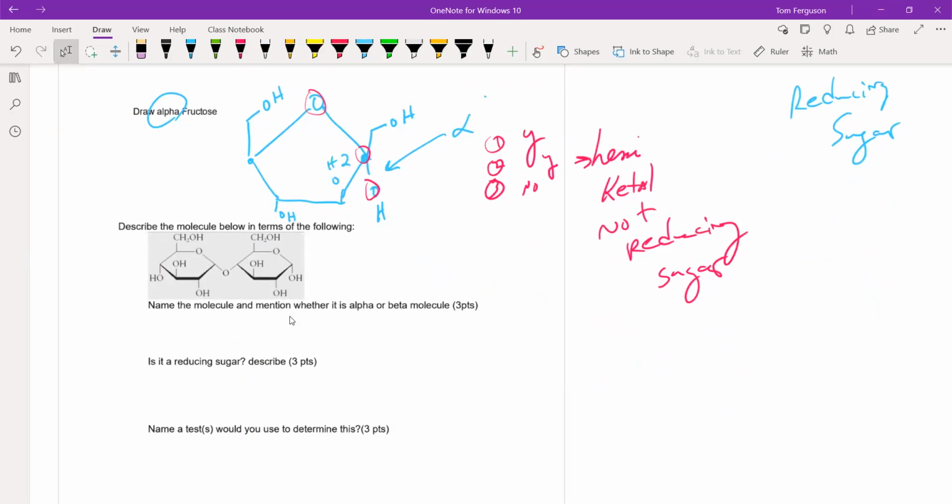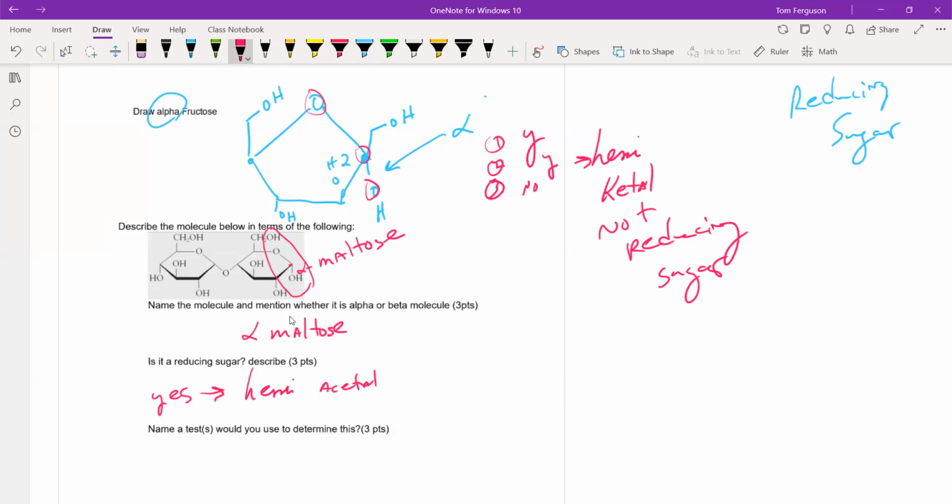Okay, all right, so I give you, this happens to be maltose. And because this hemiacetal is going down, it's alpha maltose. Is it a reducing sugar? Yes, because there's a hemiacetal, which is going to be here.